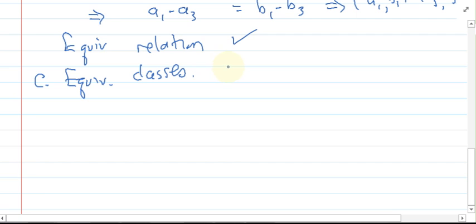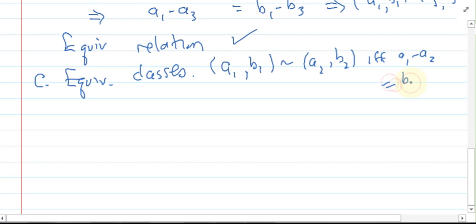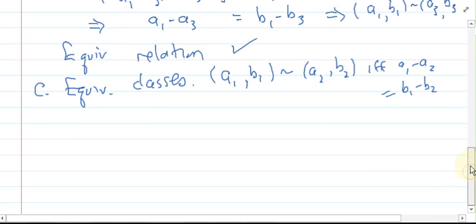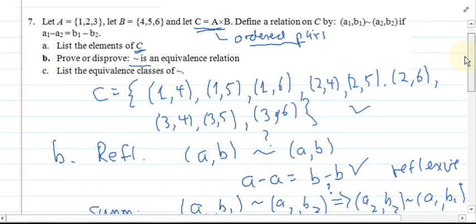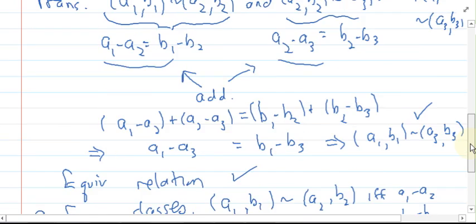So remember that (A1, B1) is equivalent to (A2, B2) if and only if A1 minus A2 equals B1 minus B2. So let's look at our elements one by one. If you remember how I listed them, first I listed all the ones that begin with 1, then all the ones that begin with 2, then all the ones that begin with 3.